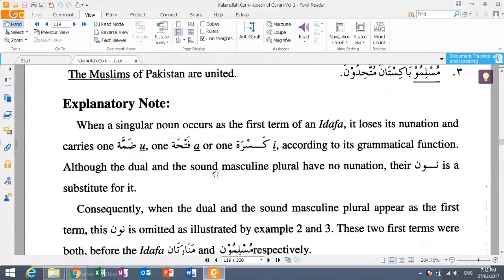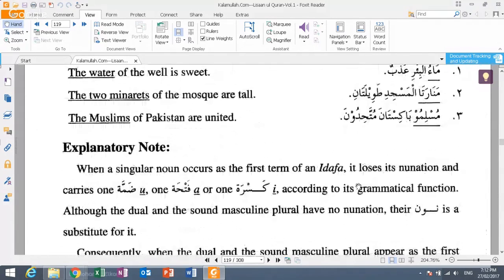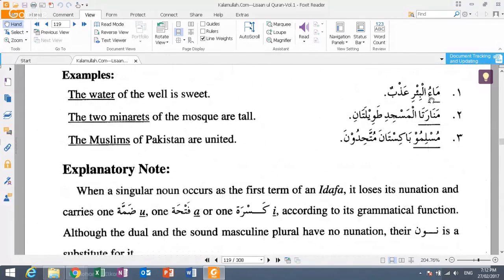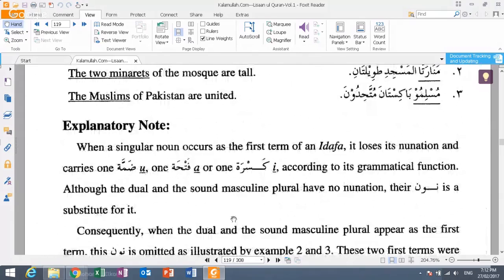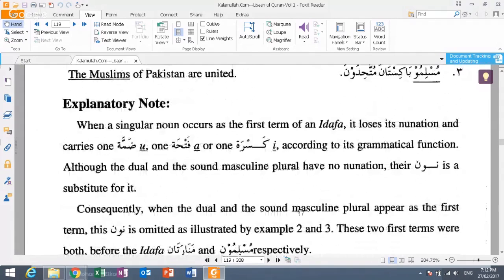When a singular noun occurs as the first term of an idafa, it loses its nunation and carries a dhamma, like the first example, ma'ul, which was ma'un. Now take the tanween off. It loses its nunation and carries a dhamma, one fatha or one kasra, depending on the case, according to the grammatical function.